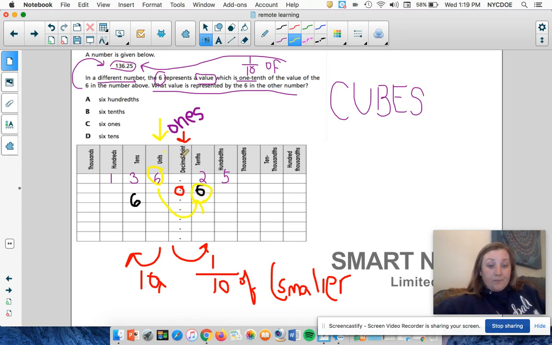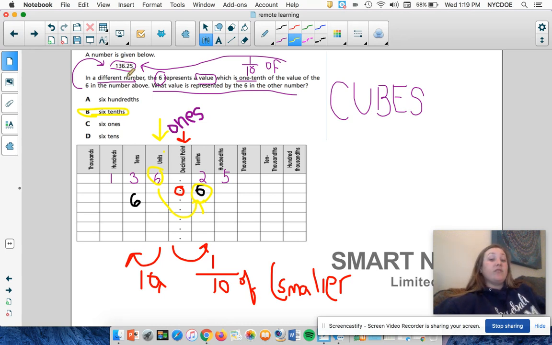So, who knows the answer? Me, me, me, me, me. Your answer is 6/10. If you picked 6/10, you misread the question, because you found a number that was 10 times greater, not 1/10 the value of 6 ones.